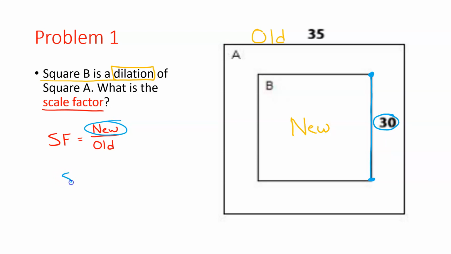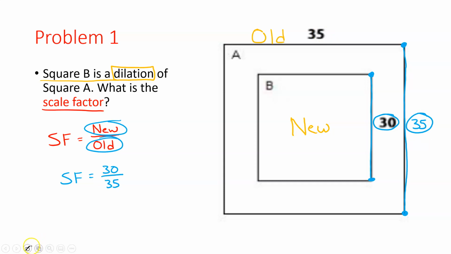So we're going to write scale factor is equal to 30 over, well, now I need to compare it to the same side on the old one. Here's the issue: if I take a look at the right-hand side, what should it be? Well, don't forget, this is a square. So on the old one, if the top side of that square measures 35, so does the right. So we're going to compare it to 35.